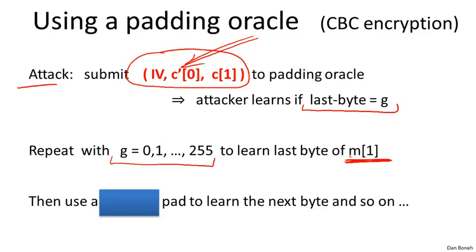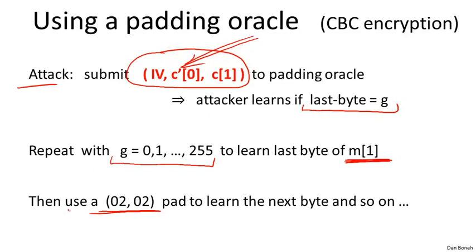So now we know the last byte of M1. I claim that we can now use the exact same process to learn the second to last byte of M1. Let me ask you, what pad are we going to use to learn the second to last byte of M1? Well, it shouldn't be surprising that instead of just using the pad containing the byte 1, we're going to use a 2-byte pad containing the bytes 02 02. That's a well-formed pad. And because we know the last byte of M1, when we do our XORing trick, we can always make sure that the last byte of the plaintext is in fact 02.